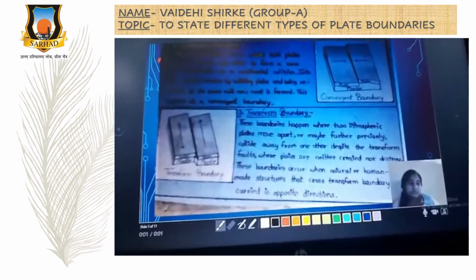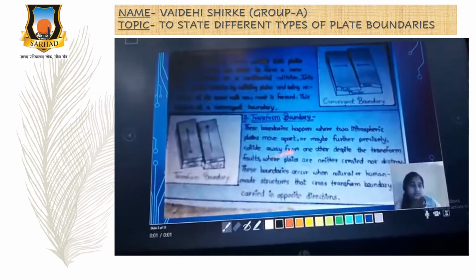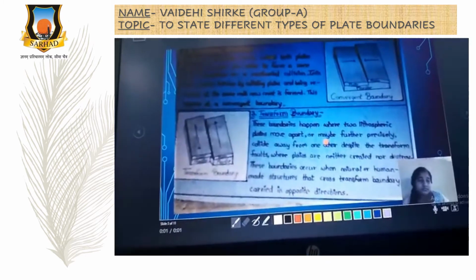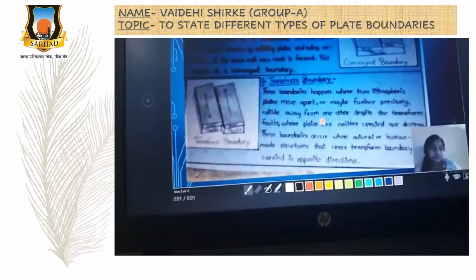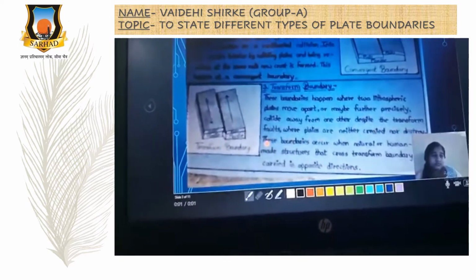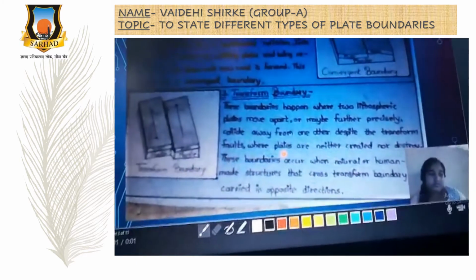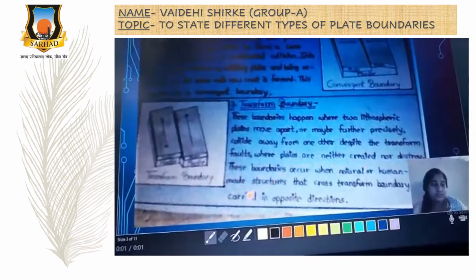Third, transform boundaries. These boundaries happen where 2 lithospheric plates move apart or, maybe more precisely, slide away from one another. Despite the transform faults, plates are neither created nor destroyed.